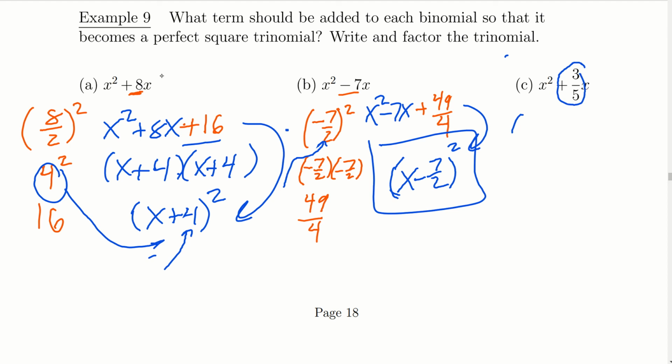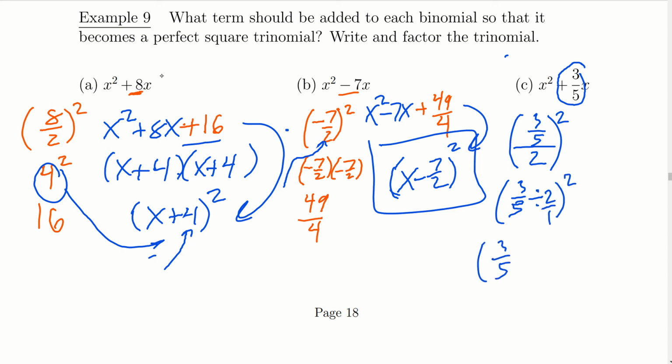Here, to do the completing the square, we need to take half of 3/5 and then square it. To do half of 3/5, you're essentially dividing 3/5 by 2, which is the same thing as multiplying by the reciprocal. So we can do 3/5 times 1 over 2, squared.